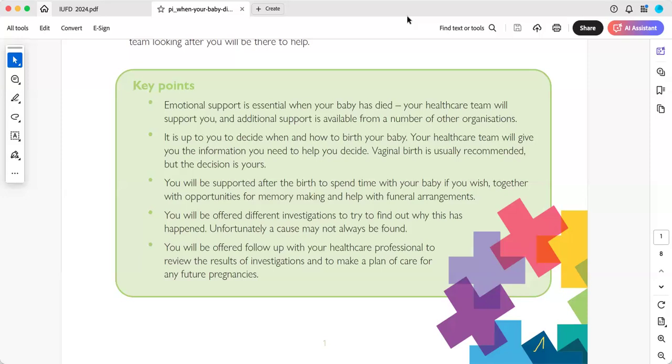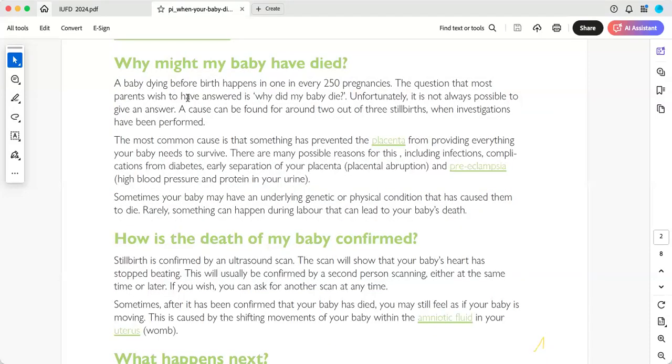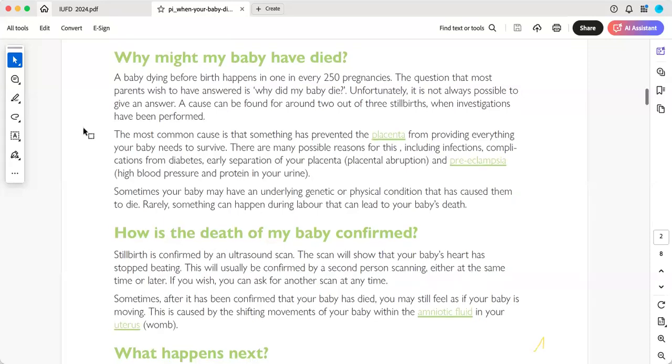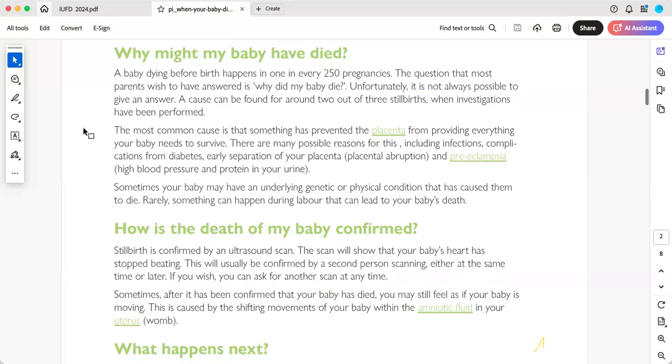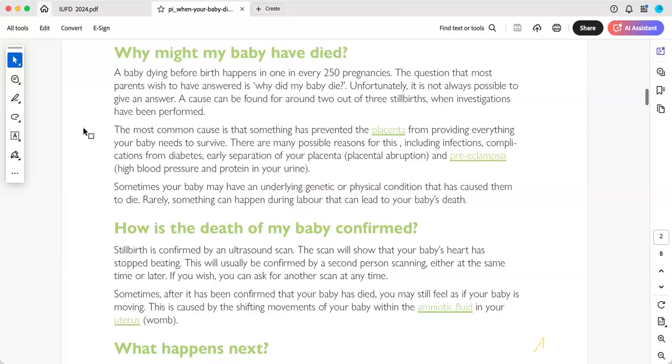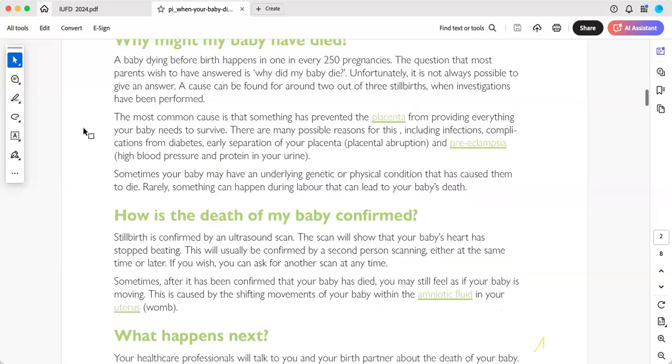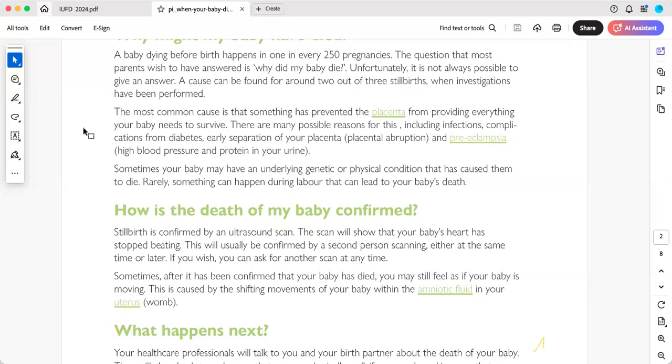Okay guys, please be careful about this. A possible question the patient might ask in the exam is, why might my baby have died? This unfortunate event happens in 1 in 250, and unfortunately it's not always possible to give an answer. A cause can be found for around 2 out of 3 stillbirths, as I told you, 50 to 75 percent, when investigations have been performed.